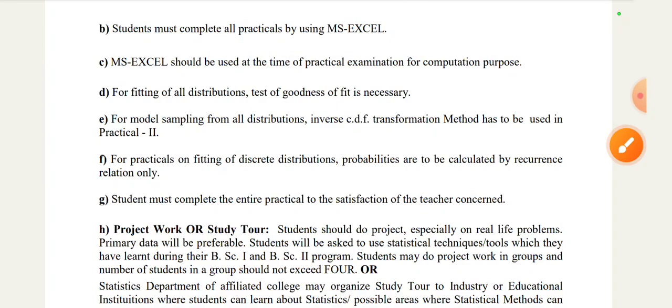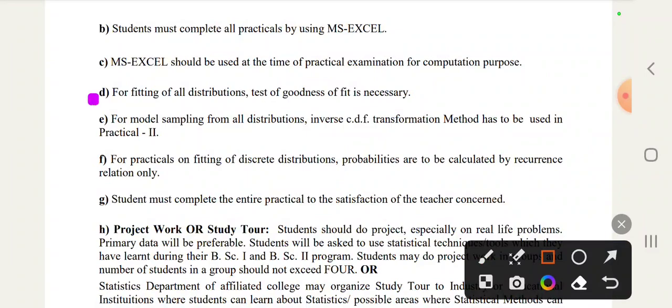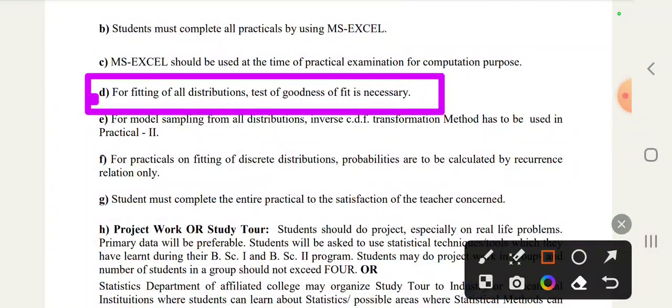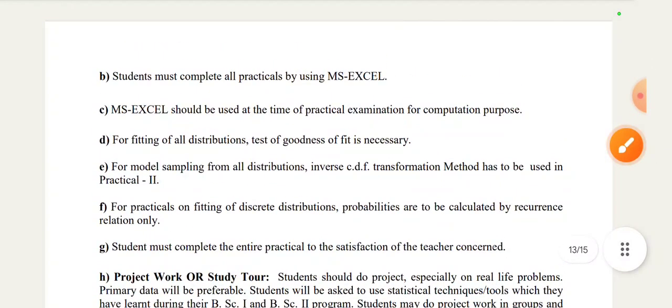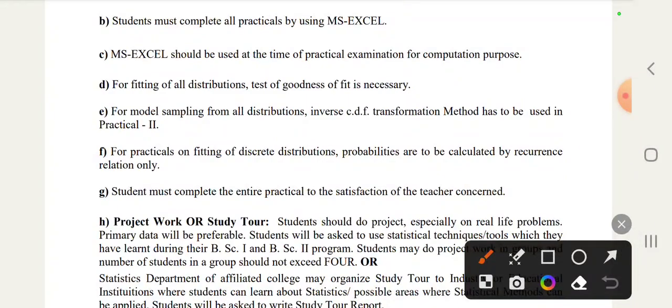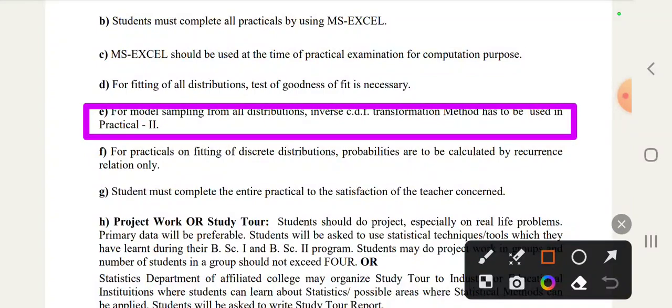This is also suggested for fitting of distribution. For fitting of distribution, test of goodness of fit is necessary, and for model sampling from all distributions, the inverse transformation method should be used. See, it is mentioned in this area.